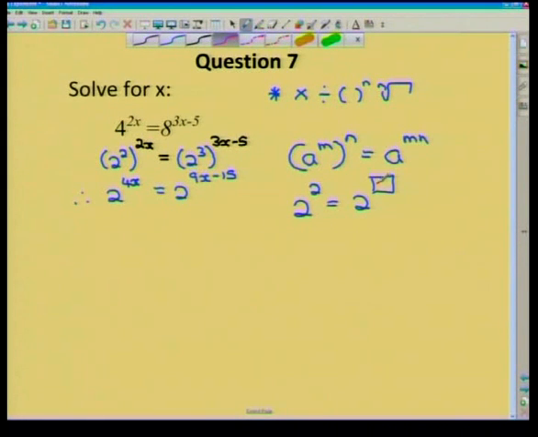So the only way for that to happen is for there to have been a 2 in that block. So we're using a similar kind of thinking, and we're saying, therefore, because the base 2's are the same and there's an equal sign, 4x equals 9x minus 15. It's called equating exponents.